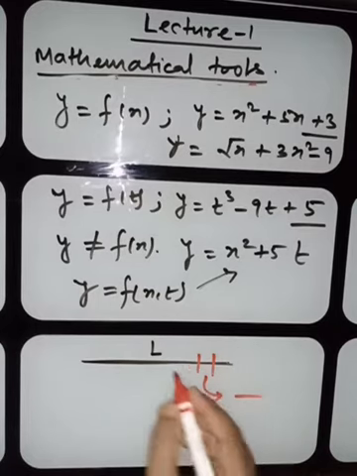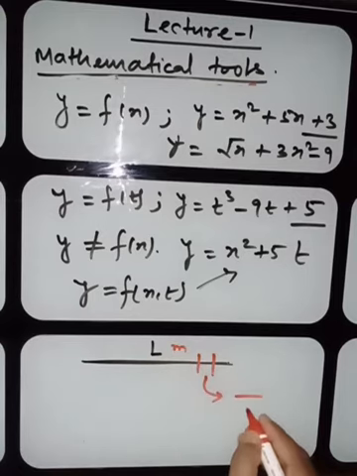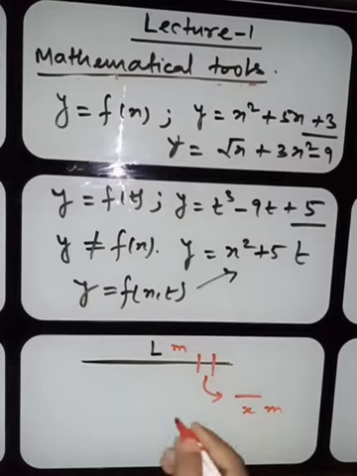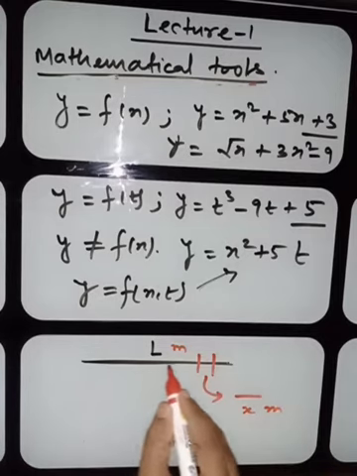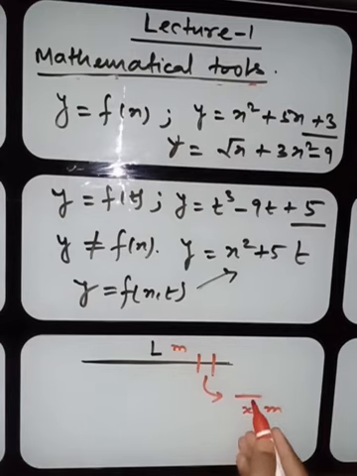So if this line has the length L meter, then what will be the length of this line? You will write x meter. Is it possible that the length of this line is L meter and you represent it in another function like x kilogram? No, it is not possible.